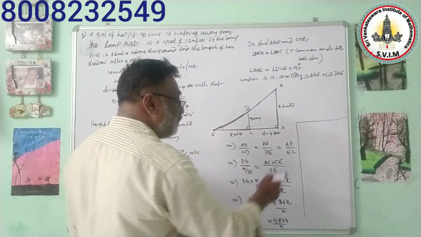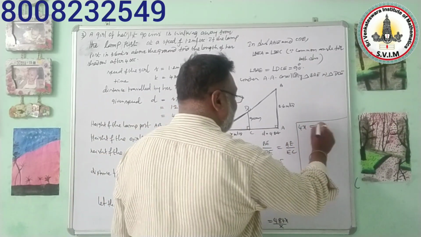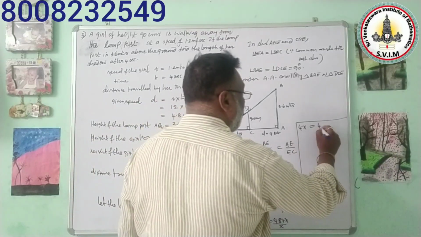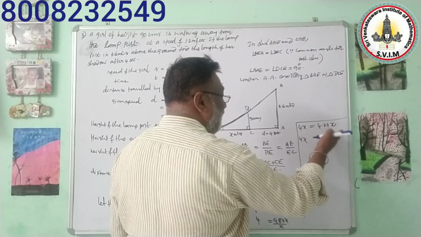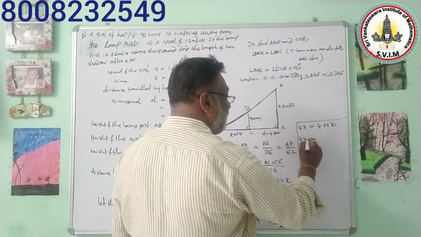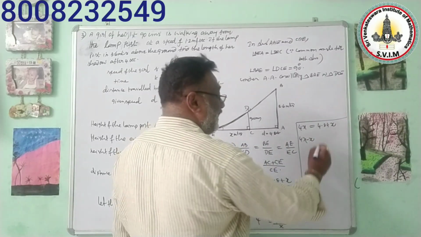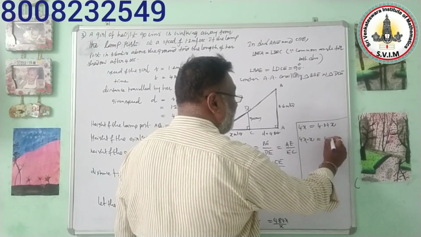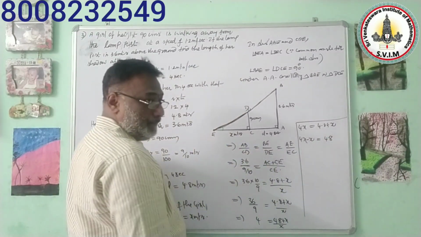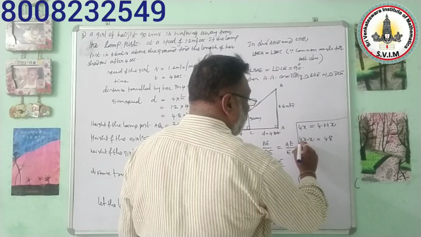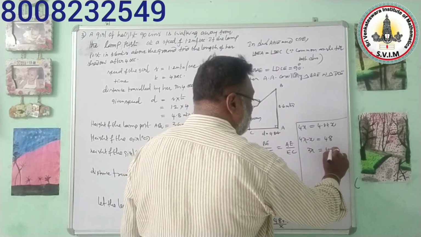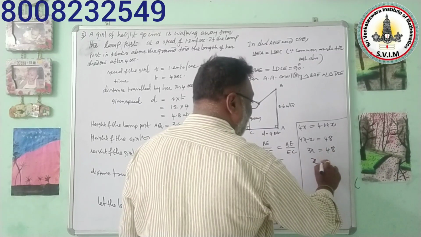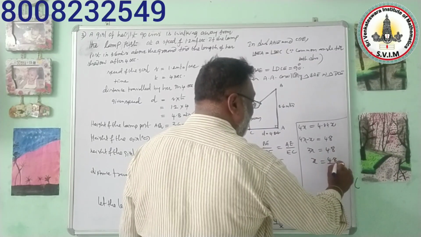By cross multiplying, this X into 4 is 4x, equal to 4.8 plus X. Now sending this plus X to the other side of the equality symbol, it changes to minus X, and 4.8 stays there. Now 4x minus X is 3x, equal to 4.8. Now X is equal to 4.8 by 3.